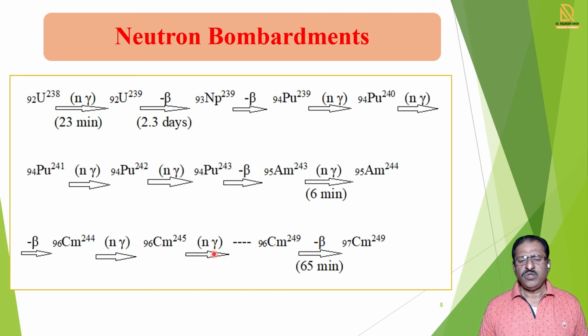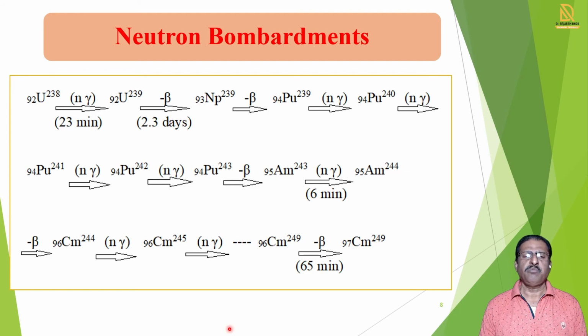In this way we continue the reaction, and you see that when there is a stable isotope, we bombard neutrons. When a neutron is bombarded, the mass number increases by 1, and this bombardment of neutrons is carried out up to the stage where the isotope becomes unstable. When it becomes unstable, it eliminates a beta particle. By elimination of a beta particle, the atomic number increases by 1, and we get the next element.